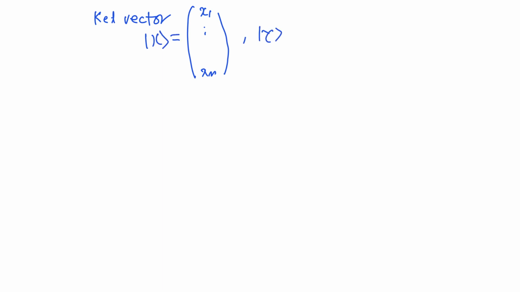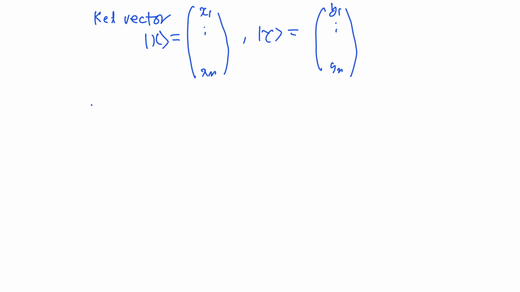So previously, we have considered the vector, which is basically a column vector. And consider two different kinds of product.